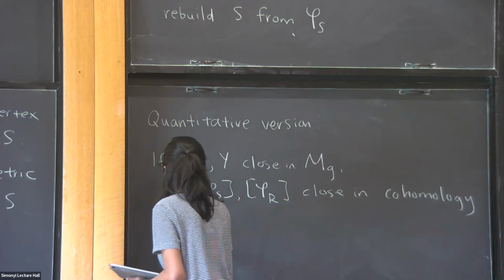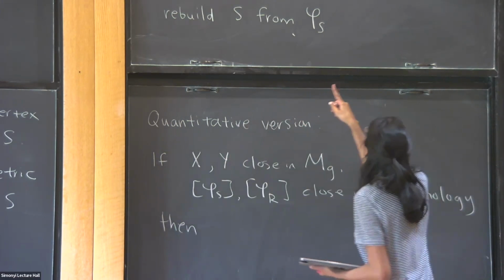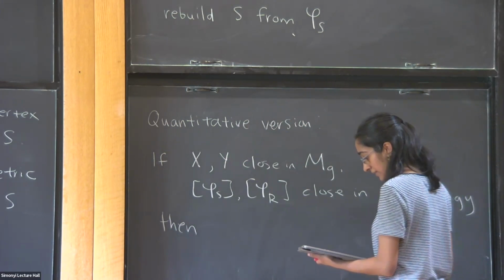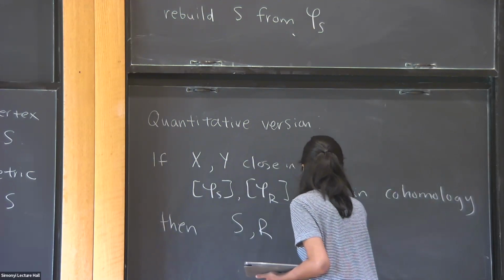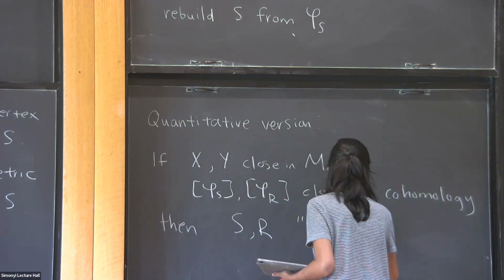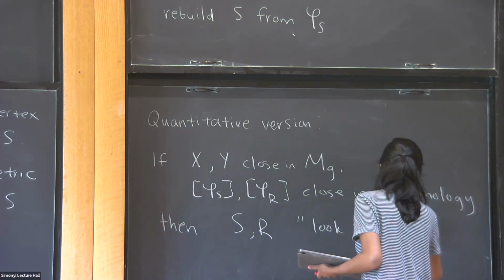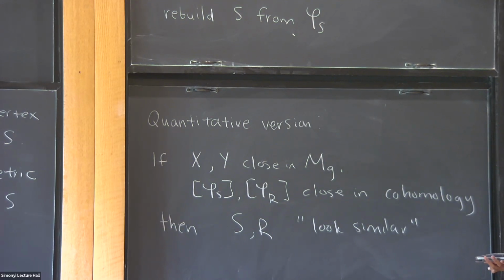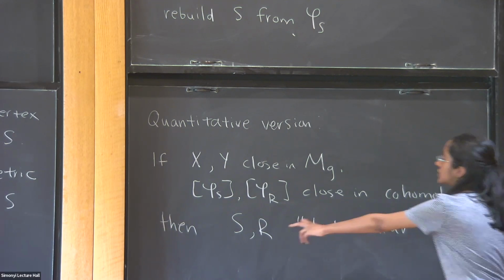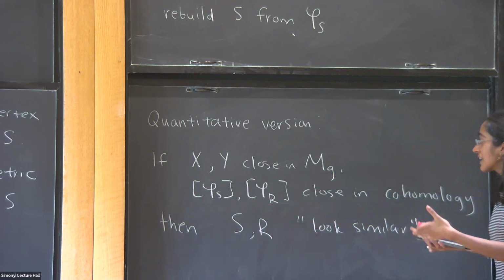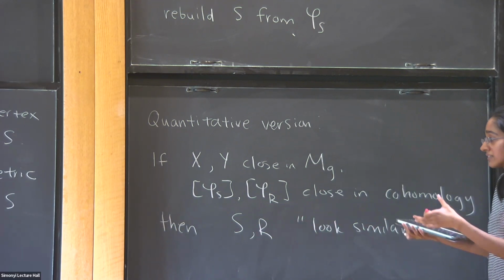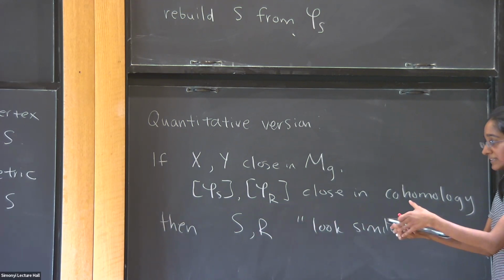Then you don't have that s and r are the same, but you have that s and r look similar, which means that this is a triangulation, this is another triangulation, and they're the same triangulation on most of the surface, but they could be different on some of the surface.